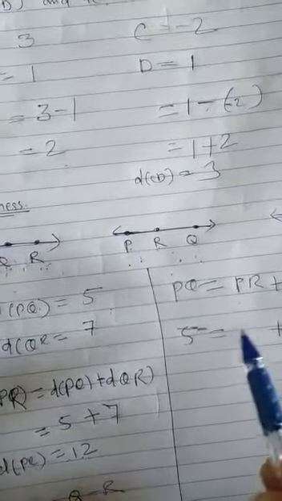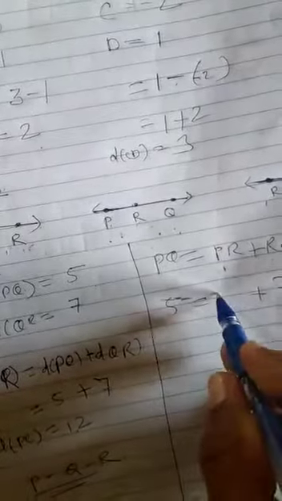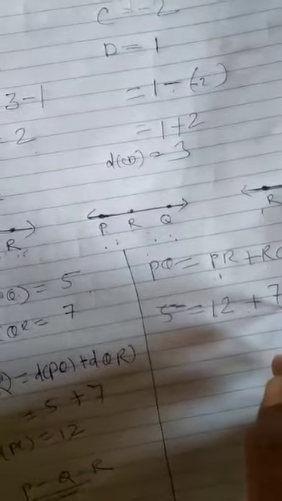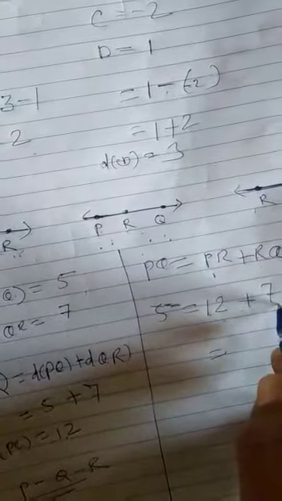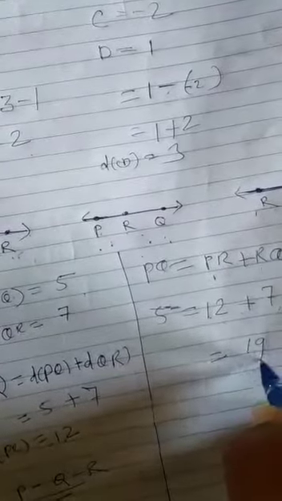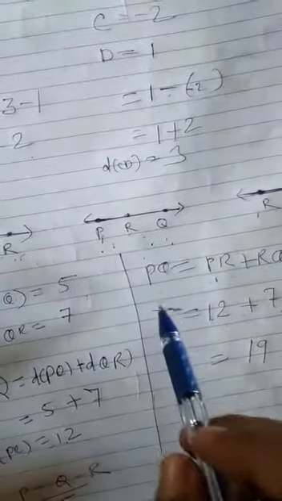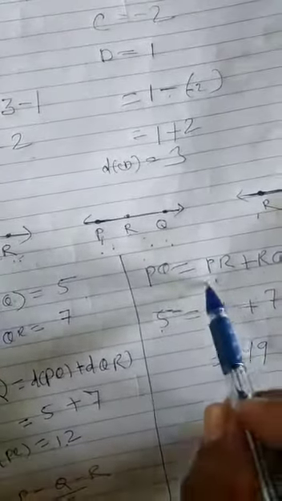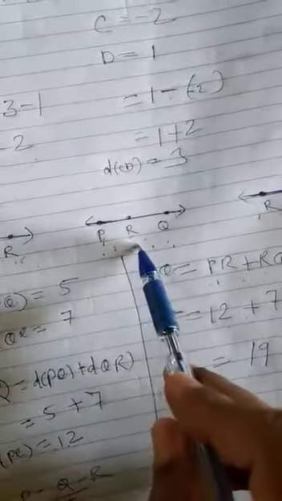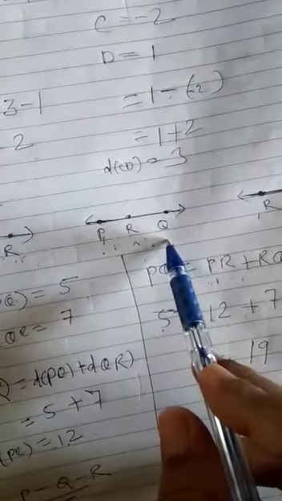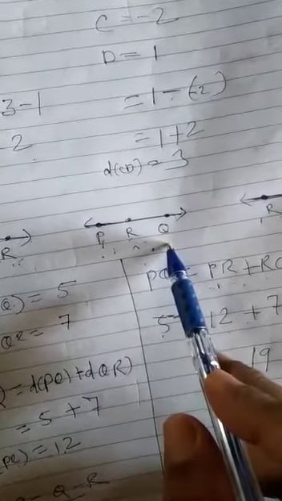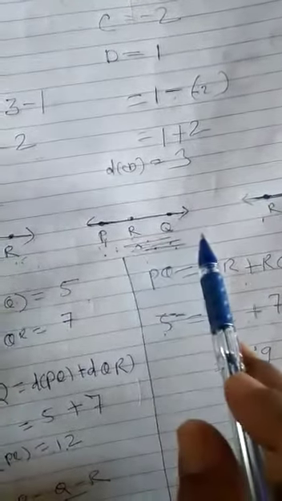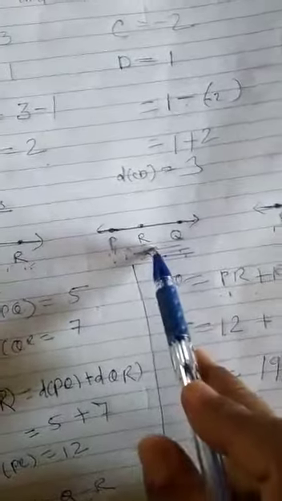So, since distance PR is not given, we consider PR as 12. 12 plus 7 is 19. But distance PQ is given as 5, and PR plus RQ is 19. That means R is not between P and Q. That means it is not betweenness. Got my point? It is not betweenness for R. It's clear, students? Okay.